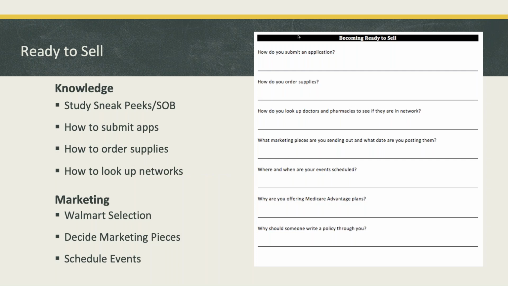You're going to want to be ready to sell, because if you're not and you write an application, you're not going to get paid commissions. So Adrian said, well, how would I write an app if I'm not ready to sell? Well, say here in the office, Jennifer has some apps sitting around. I think I've completed all my certifications. So I go write a Medicare Advantage app and I submit it.